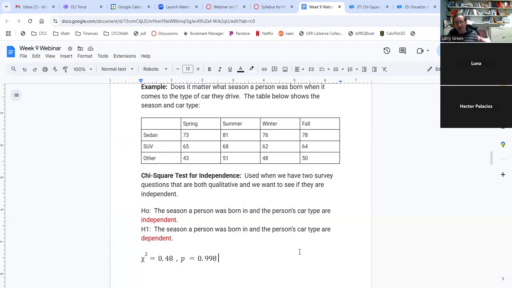You cannot conclude that it's dependent. Is that clear? You can't say it's independent. You can only say we can't conclude it's dependent. Is that clear? So failing to reject is not the same thing as accepting H naught.